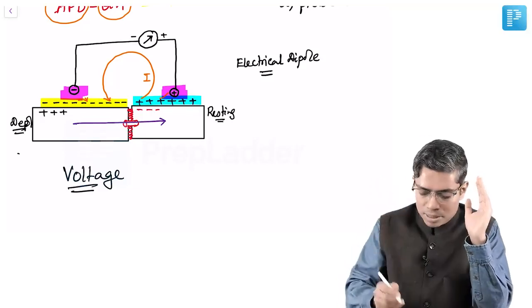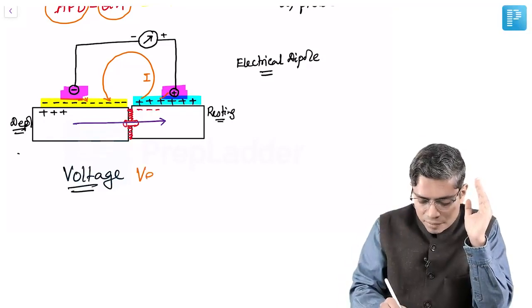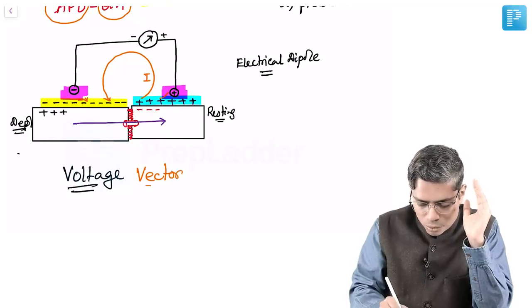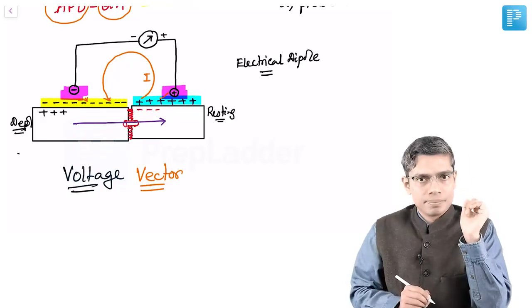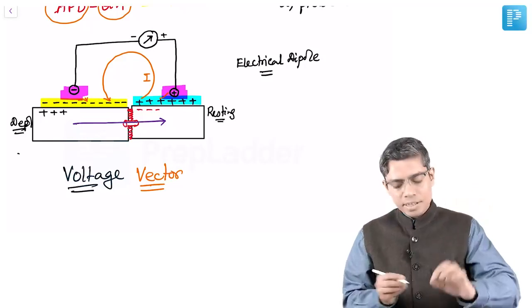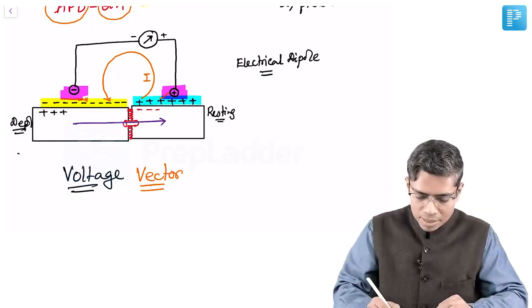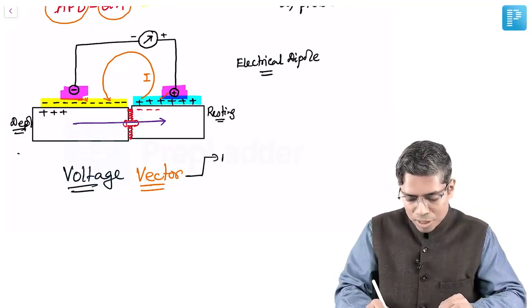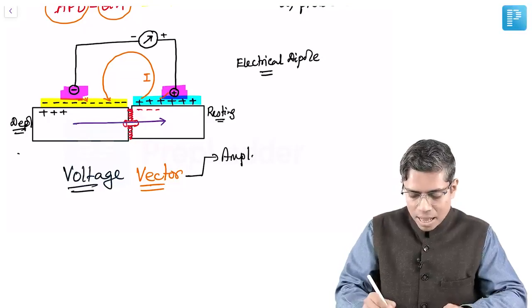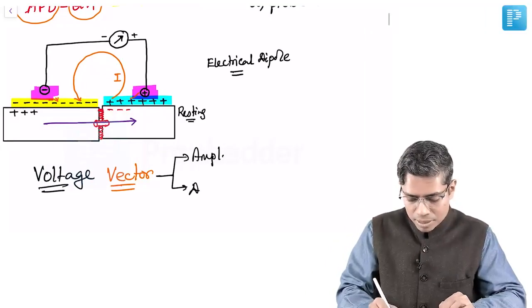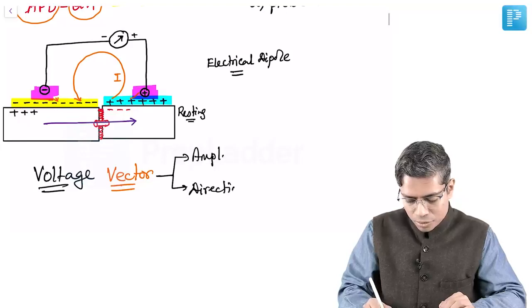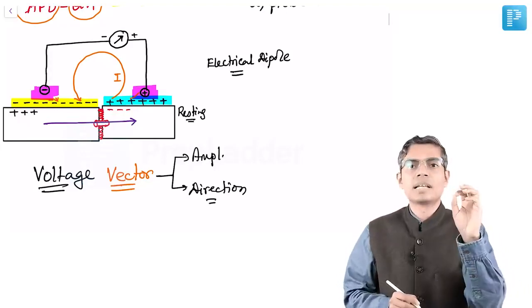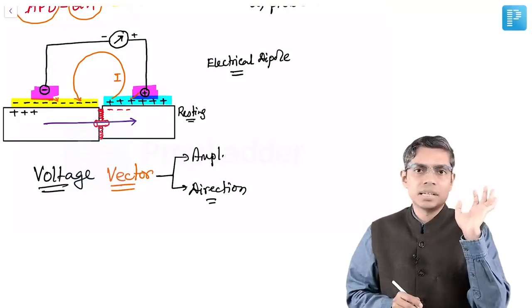Now all of you know that voltage is a vectorial quantity. Vectorial quantity means it will have a particular amplitude and a particular direction.